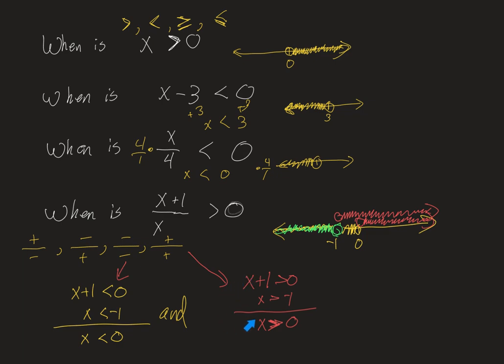Positive divided by a positive is a positive. So that's also an and scenario. Where are both of them positive? They are both positive where they're both shaded. So from here all the way up.